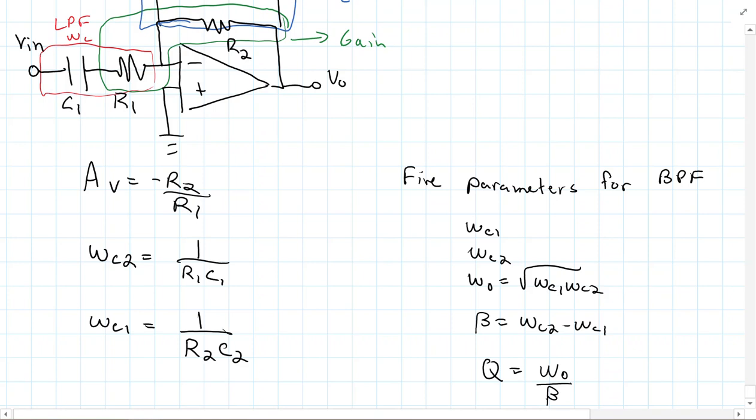Sorry about that, it took me a second to remember what the formula was. So we have 5 parameters for the bandpass filter here.